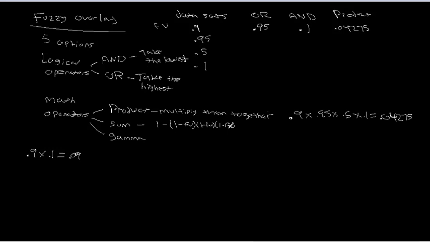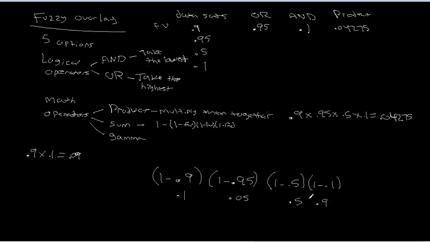Let's go ahead and look through an example of what this looks like using our data sets, right? So we have 0.9, we have 0.95, we have 0.5, and we have 0.1. So it's 1 minus, 1 minus, 1 minus, 1 minus. So this is 0.1, 0.05, 0.5, 0.9.